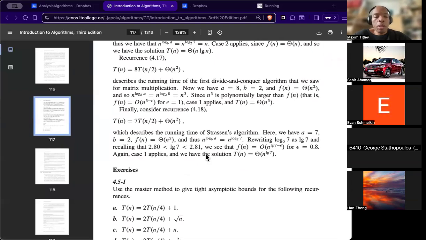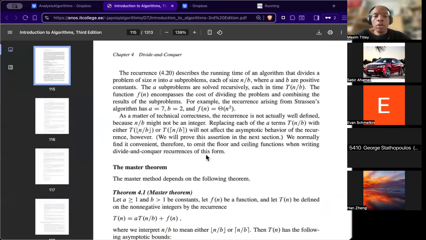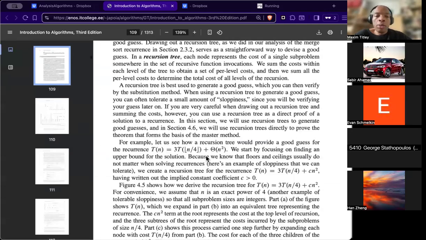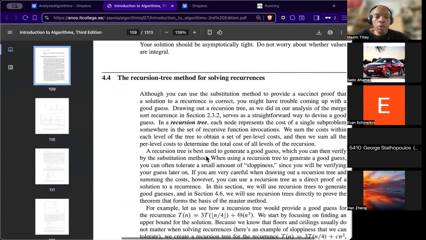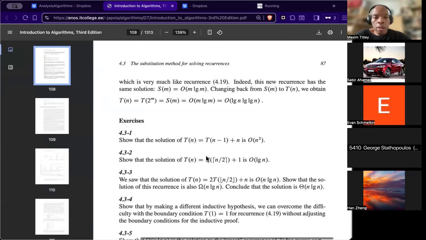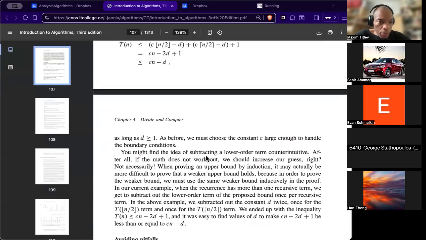So now here's what we're going to do. Let's go back and take a look at the actual recursion tree and how it breaks down. So recall that when we have recursion trees, this is 4.4, all right? The substitution method is a bit different.